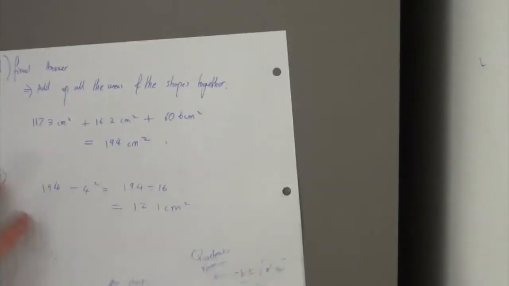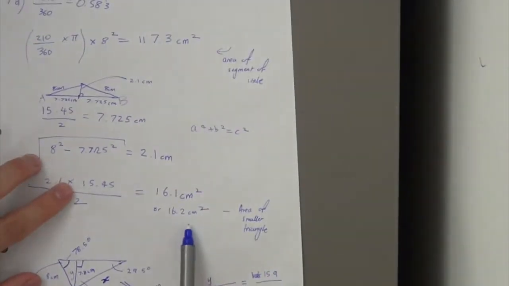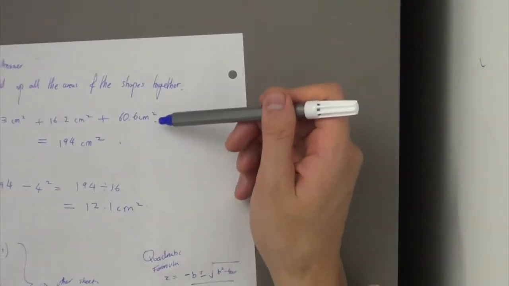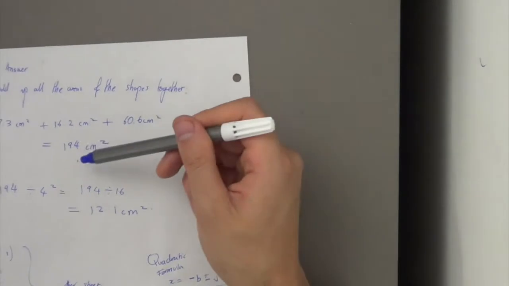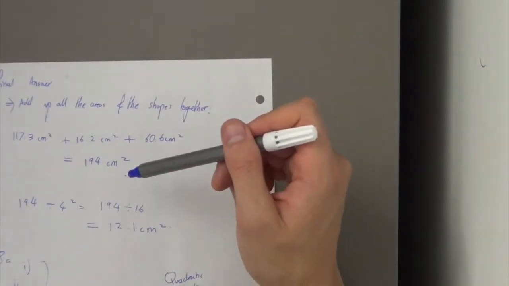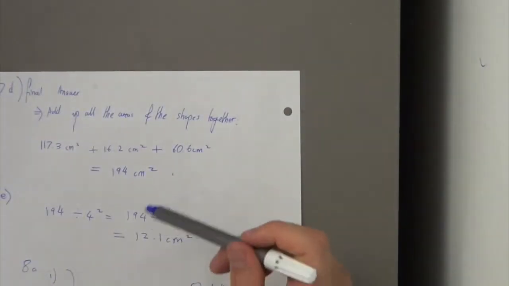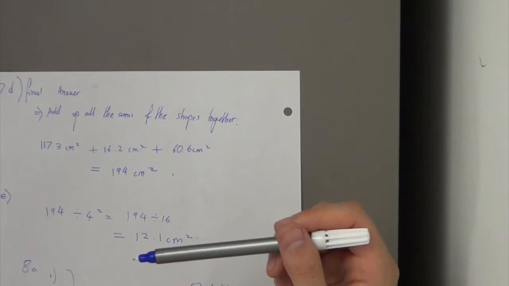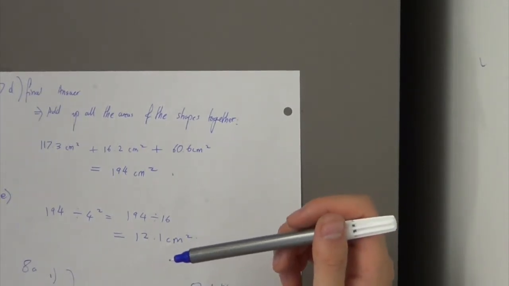Plus 16.2 was from our smaller triangle, which is this. Plus the last bit, 16.6 centimeters squared, which is what we worked out lastly, and the total area of the logo is 194 centimeters squared. So that is a very difficult question. Again, please pause the video, rewind it to make sure you've got everything.